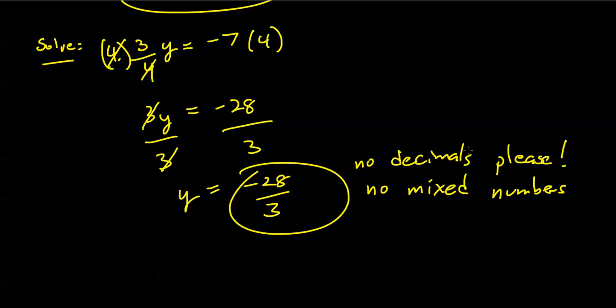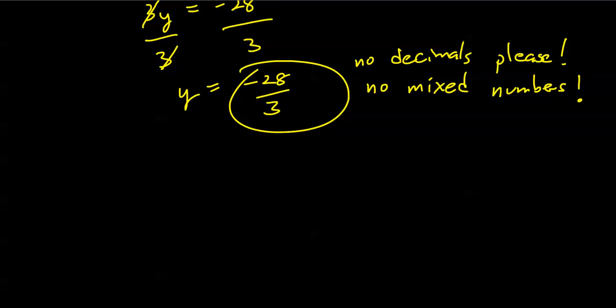As we saw, mixed numbers can sometimes be confused with multiplication, can be confused for addition. So to bypass that unpleasantness from this level on, we will not be using mixed numbers, okay?